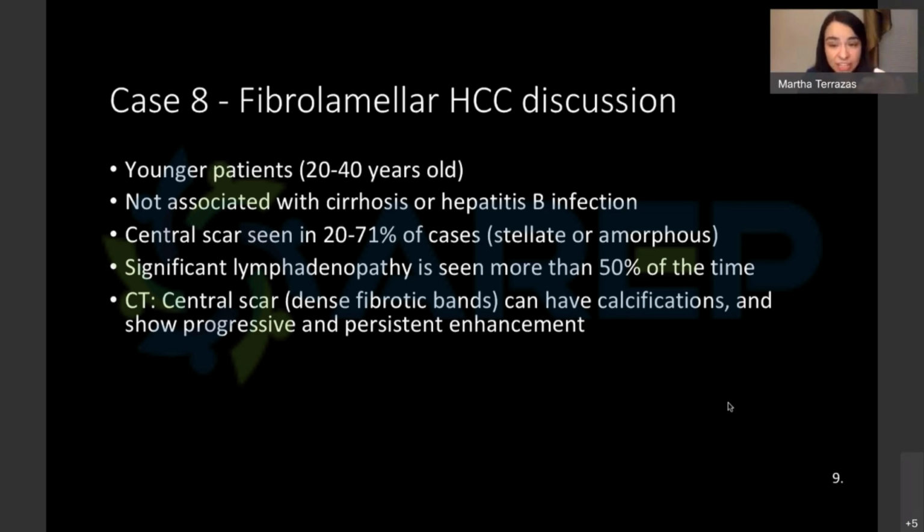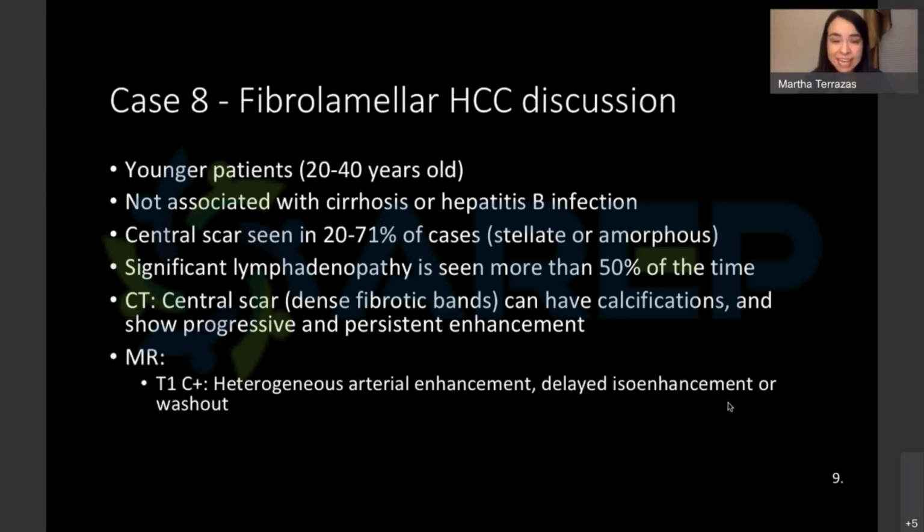They can have calcifications on CT, which are harder to see on MRI, and they can show progressive and persistent enhancement. And on MRI, this is exactly what we had: heterogeneous arterial enhancement, delayed iso enhancement, can have washout, and the central scar is usually hypointense on all sequences.